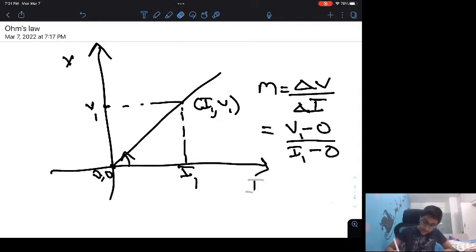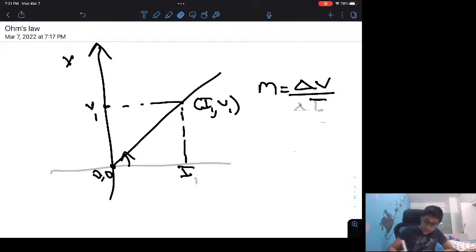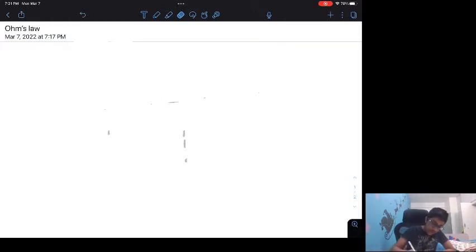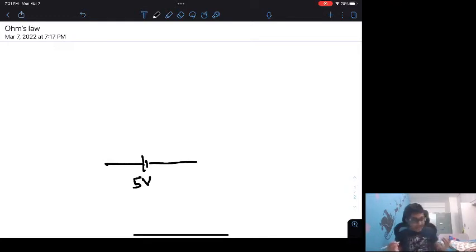Alright, now if we want to integrate this into our Arduino, what we're going to do is this. Let me quickly clear up the whole screen for you guys. There we go. Okay, now imagine dragging a 5 volt from the Arduino. I've drawn a battery, but let's just imagine that's the 5 volt.